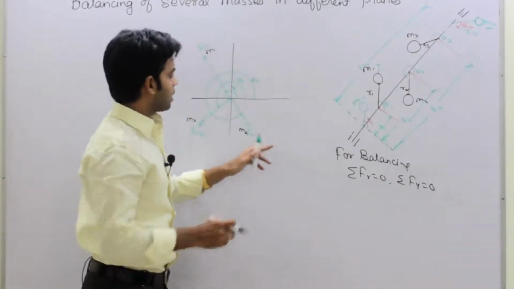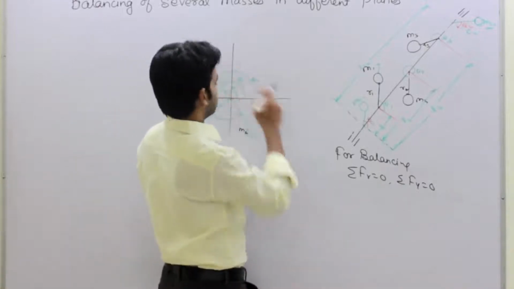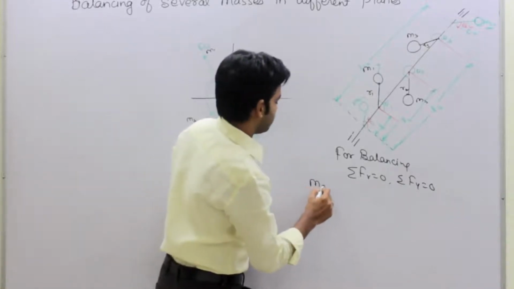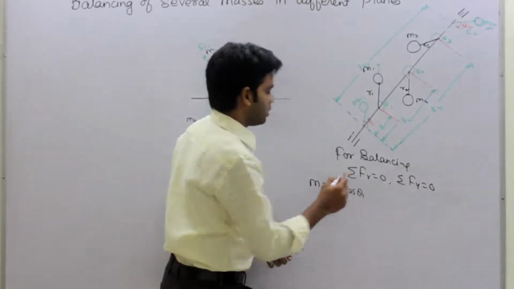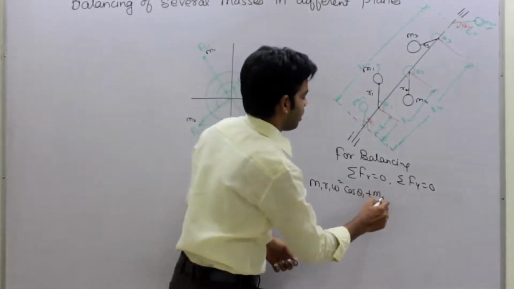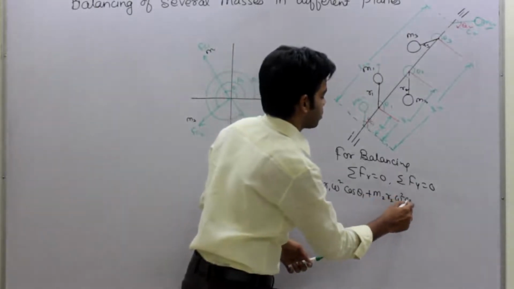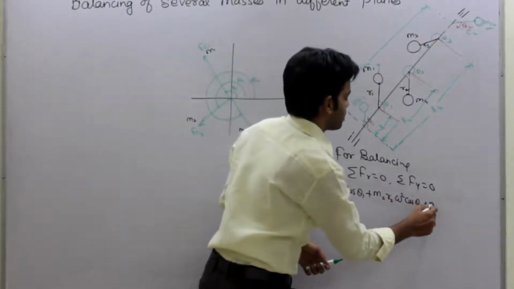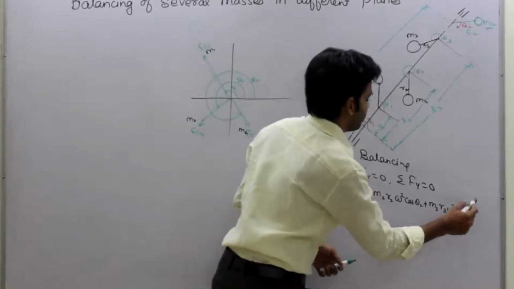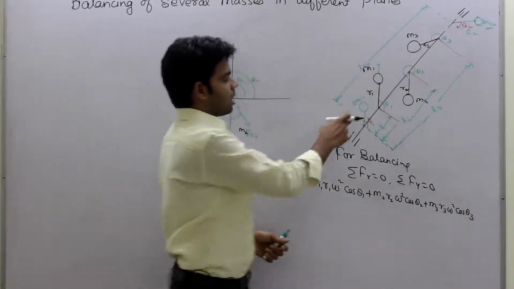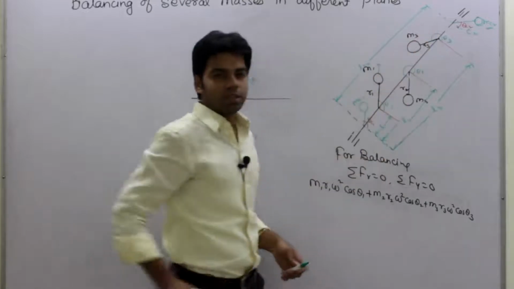So summation of Fx should be equal to 0. With this we will get m1 r1 omega square cos theta 1 plus m2 r2 omega square cos theta 2 plus m3 r3 omega square cos theta 3. And apart from this we have two different masses, mc1 and mc2.